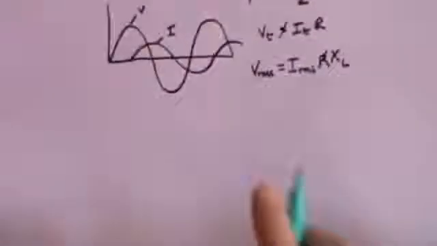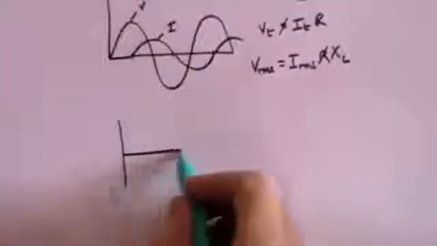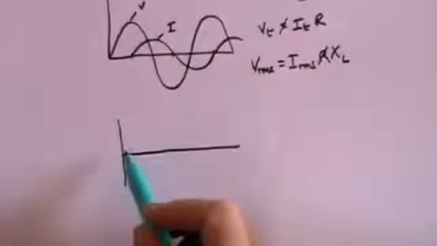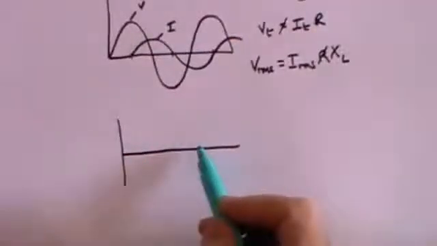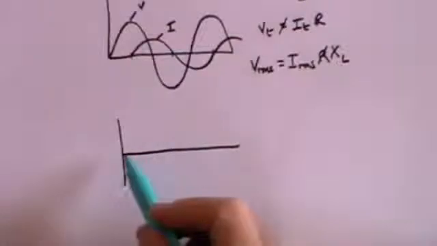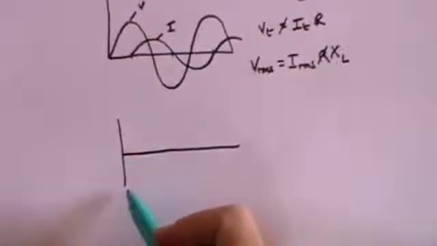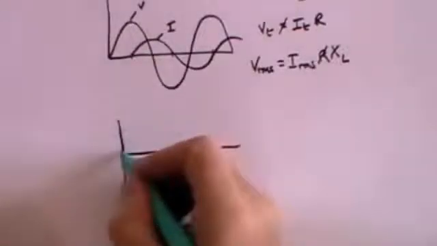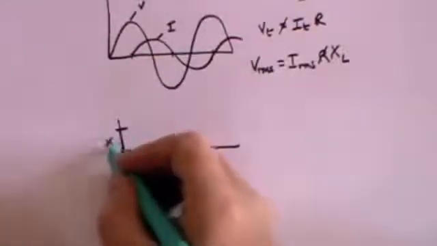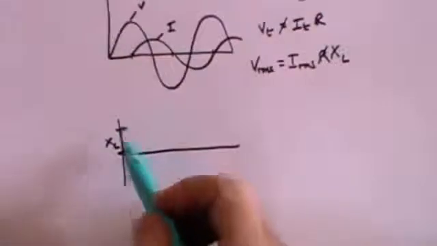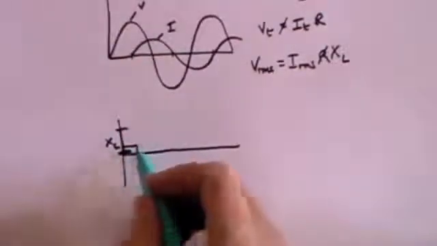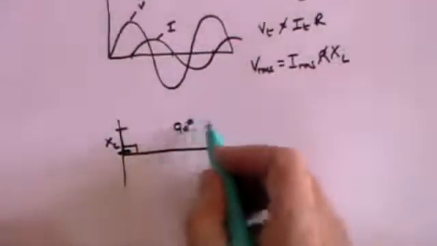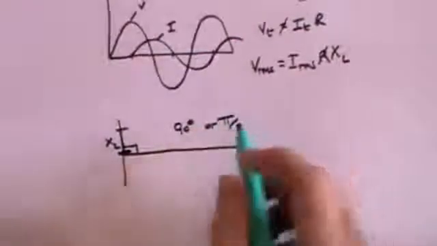And now if we draw our phasor diagram, remember for resistance it went out like this, the phase angle was 0. For capacitance it went down like this, the phase angle was minus pi over 2. And you can probably guess that for an inductor, the size of the inductance is measured by the length of the line, and the angle is 90 degrees or pi over 2.